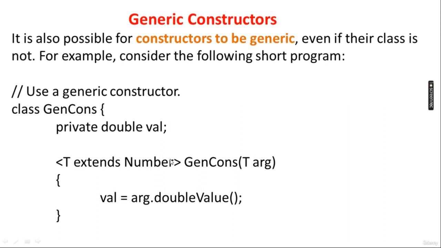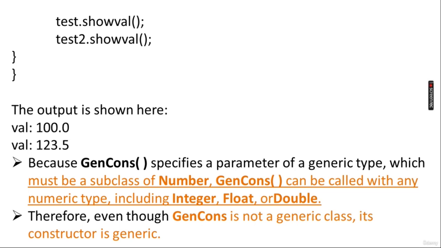It can be integer, it can be float, or it can be double. It cannot be string, it cannot be boolean. It is defined using this line: T extends Number. So the upper bound is Number. Number is a class which has subclasses Integer, Float, and Double. It does not have Boolean and String. Okay, so this way we have seen generic constructors also.